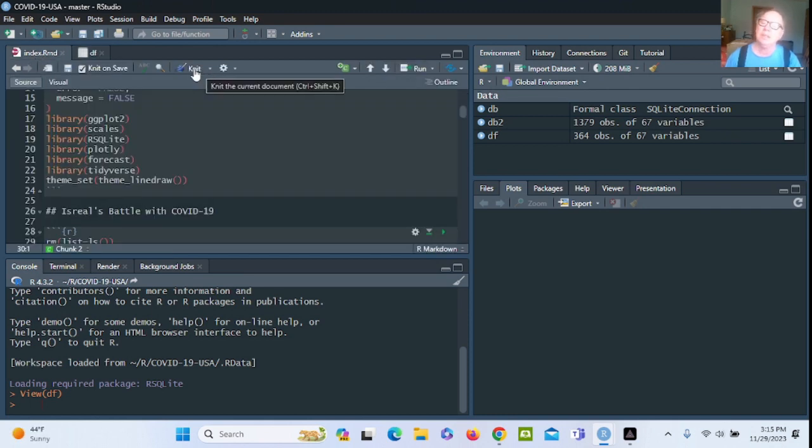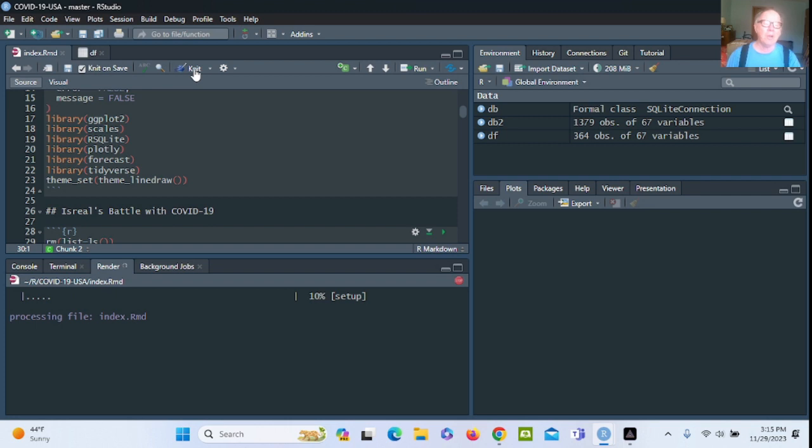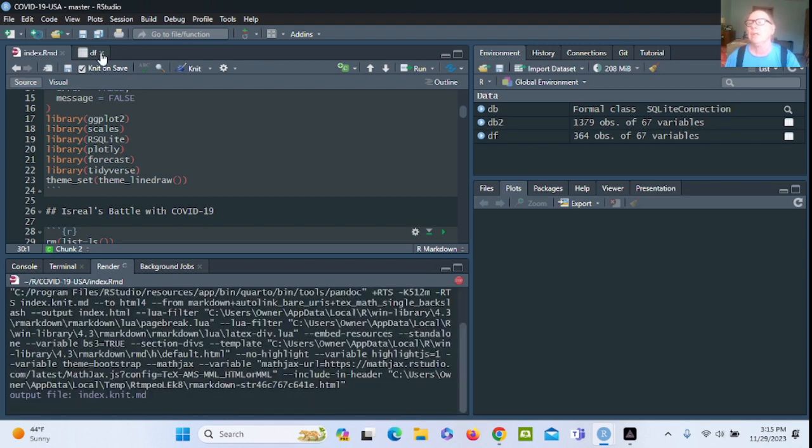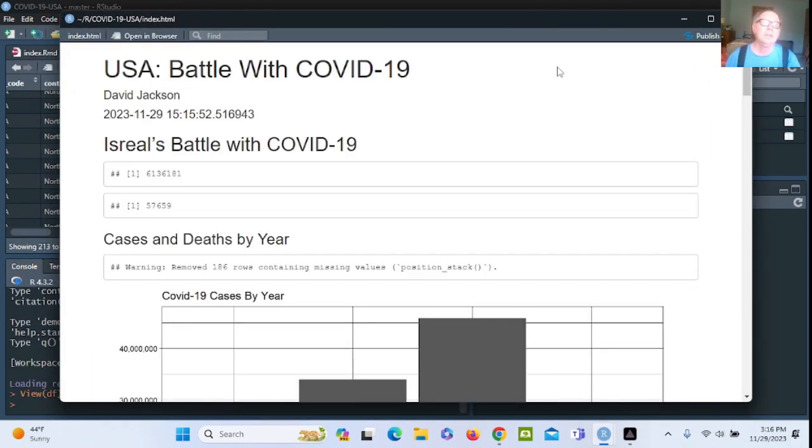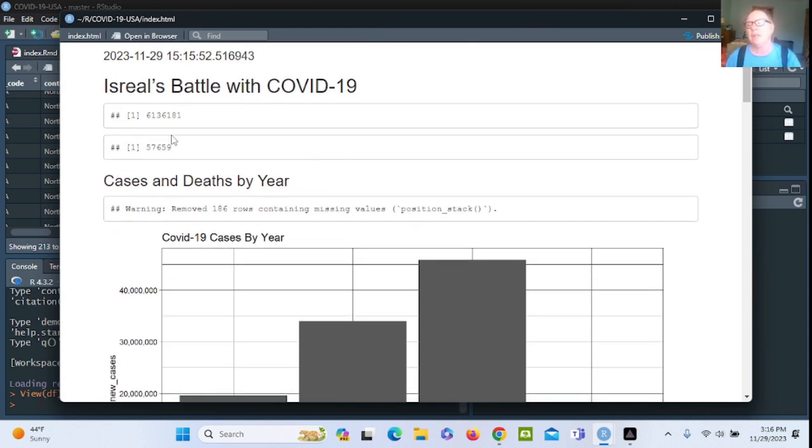So what this means is, we don't have any reliable data after May of 2023. So for the previous 365 days, we still had over 6 million cases. Now it's interesting.